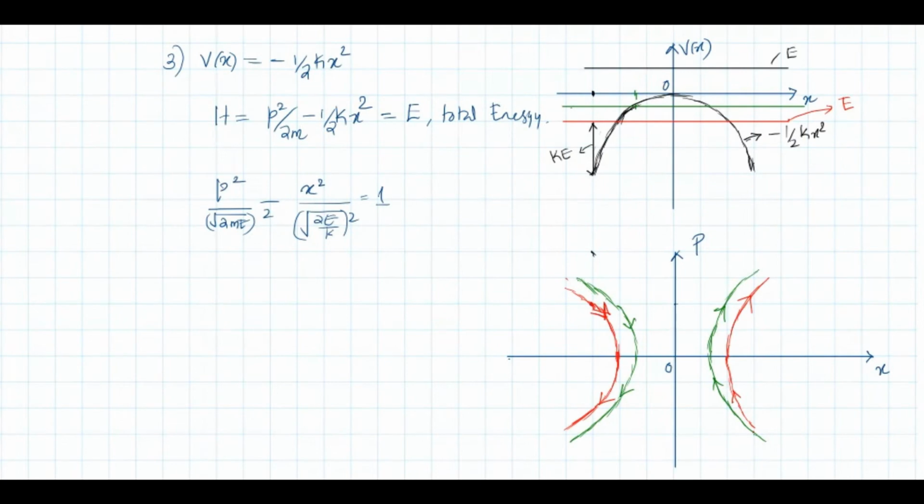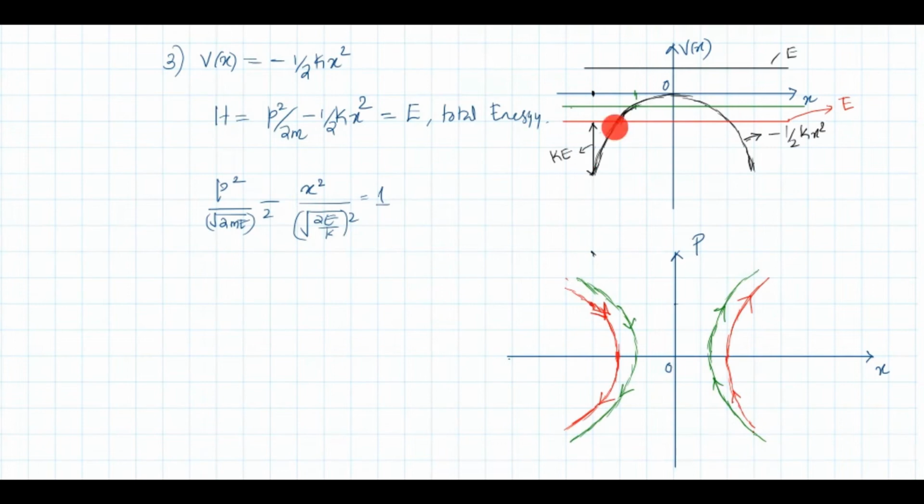But even at x equal to 0 there is some positive momentum, so the particle will go to the other side. If your energy is like this red curve or this green curve, the particle can never go beyond x equal to 0. It can reach only up to some point and it will go back.